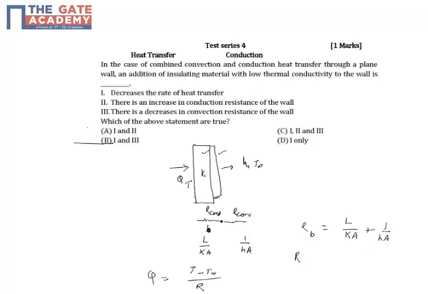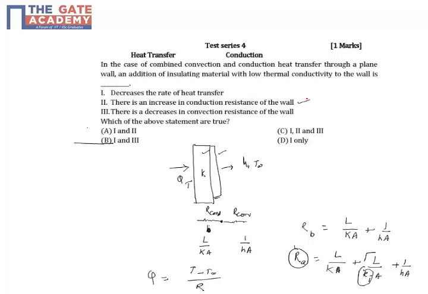Afterwards, if I add another thermal resistance, that will be L by K of insulation into A, the area of cross section, plus 1 by hA. So these will remain the same. Because of the addition of another low thermal conductivity layer, the conduction resistance is increasing.